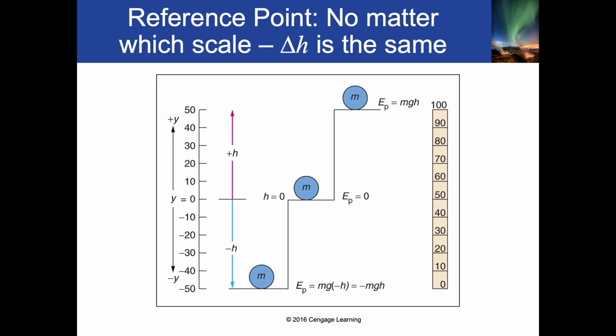But the key here is that whether I'm going 50 to 100 or 0 to 50, the height is still what? It's still 50, right? So it doesn't matter where the reference point is, right? It doesn't matter if the 0 is here or the 0 is down here, right? The height will always stay the same. The change in the height will always stay the same. Does that make sense? Cool, cool.